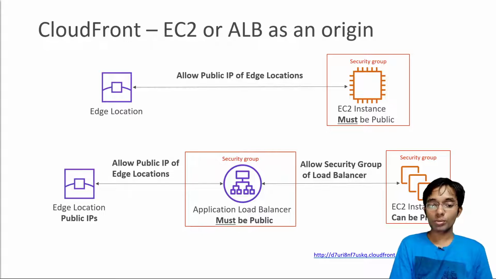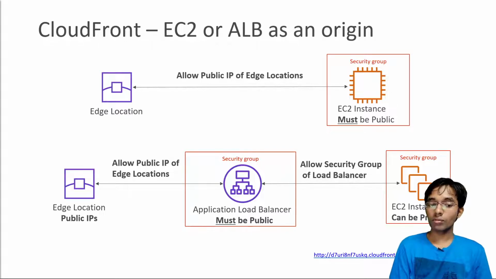This is the optimal way to have security, and as you can see here, the traffic between edge locations and your EC2 instance is going over the public internet. It does not go over the private network. That is only when you have S3 as an origin. When you have a custom HTTP backend, such as EC2 instances, it must be going over the public internet. So that's very simple.